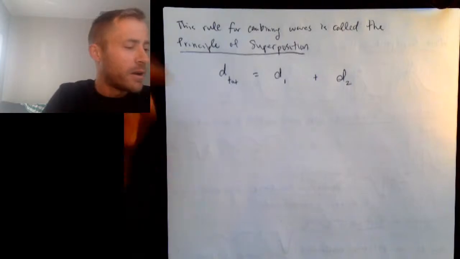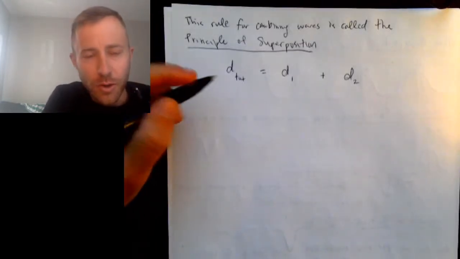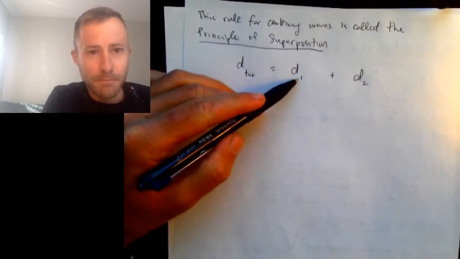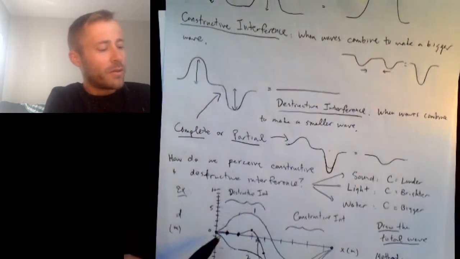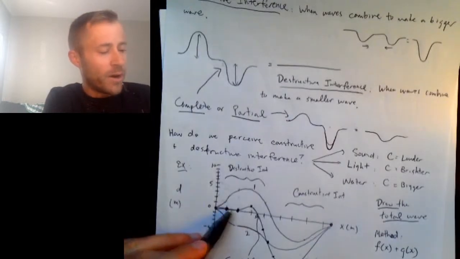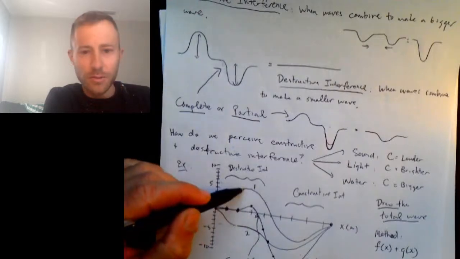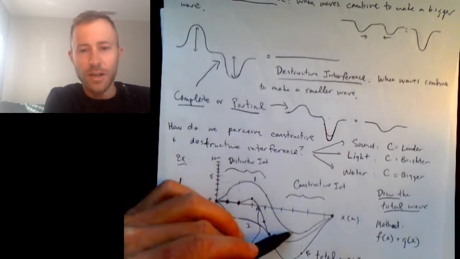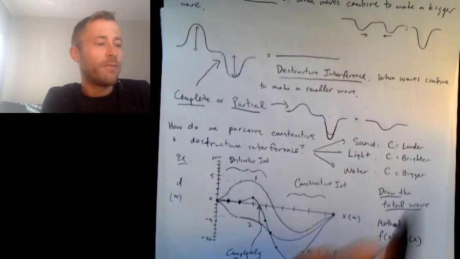Now, oftentimes the displacement is a function. If we look at this graph, for example, the displacement that the wave has is a function of where I look at the wave. Over here, wave 1 has a positive displacement. Over here, wave 1 has a negative displacement. So the size of that displacement depends on where you're looking at the wave.